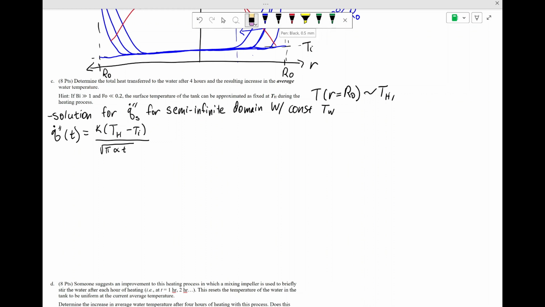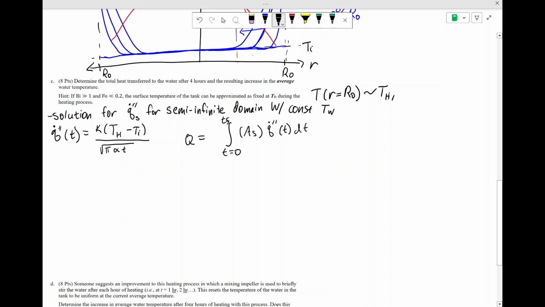The total heat in, Q, would be the integral from t equals 0 to the end of this process, 4 hours, or we'll just call that TF, of the surface area of the outside of that cylinder AS times the instantaneous heat flux, q dot double prime of t, dt.